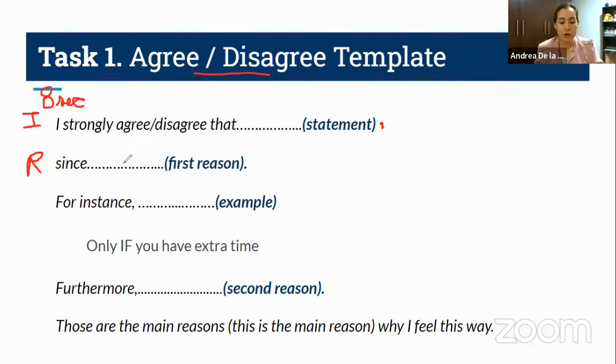Since, because, for, as, due to the fact that they all mean the same, they all mean because. I like since, to be honest. I would prefer if you don't say because, but it's okay if you do. To show more vocabulary, you know what I mean? So you can say since, as, both are okay.